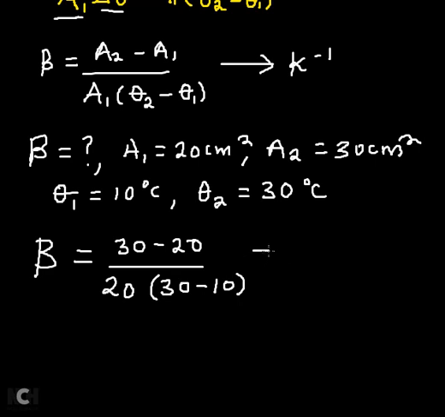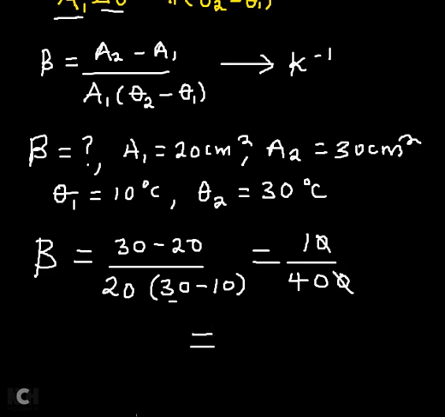So this is equal to 30 minus 20, that gives me 10, divided by 20 times 20, since 30 minus 10 is 20. That's 400. So I'm having 1 over 40.